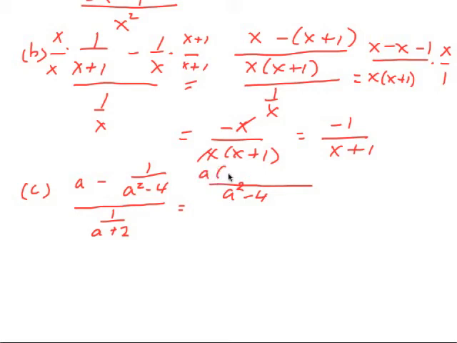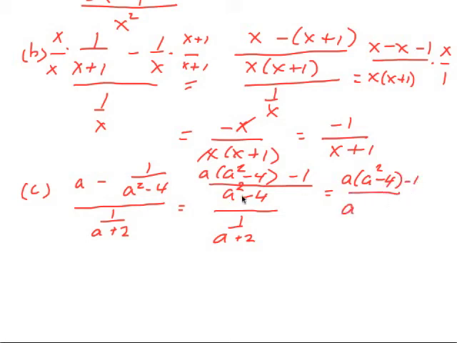And we'll need an a by an a squared take 4, subtract 1, all over 1 on a plus 2. So this will become a by a squared take 4, subtract 1, over a squared take 4, which I'm going to write as a minus 2 by a plus 2.